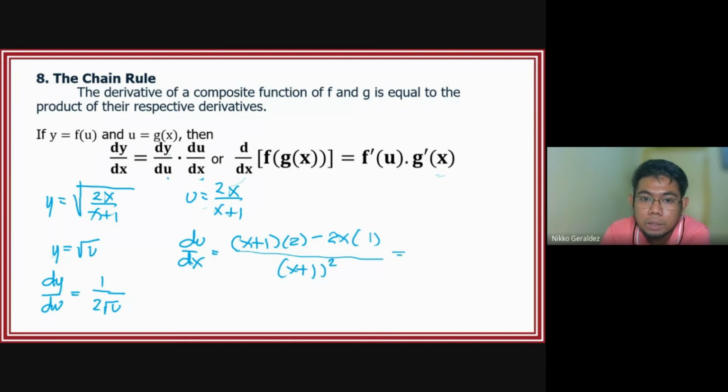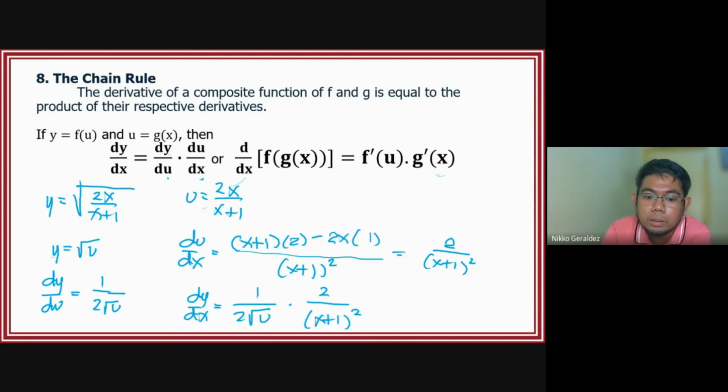Or x plus 1 times 2 minus 2x times 1, so that is equal to 2 over x plus 1 squared. Okay. So, multiply mo na lang dy over du times du over dx. That is equal to 1 over 2 square root of u times 2 over x plus 1 squared.